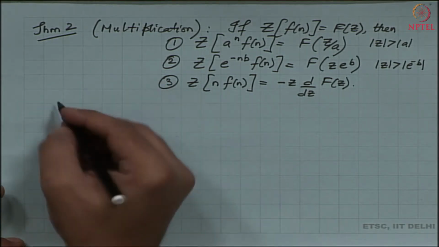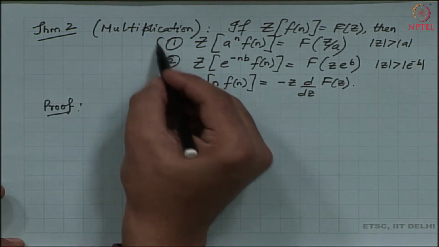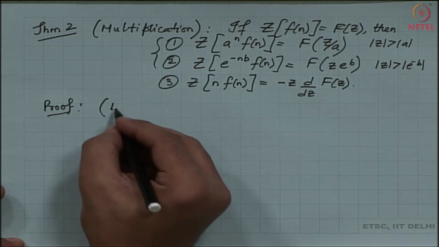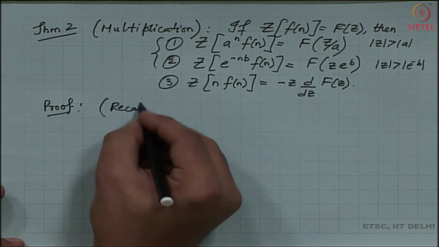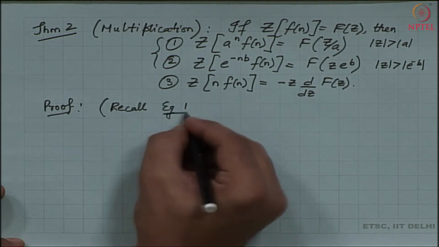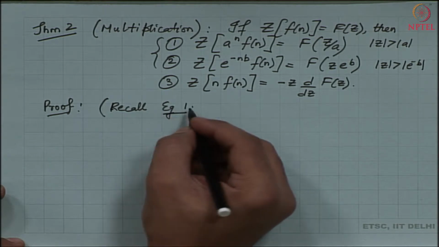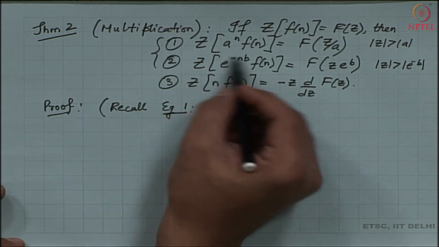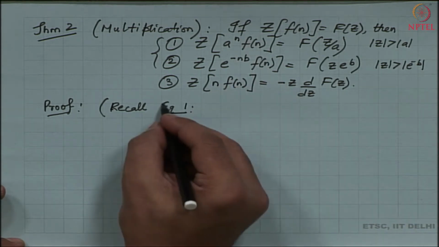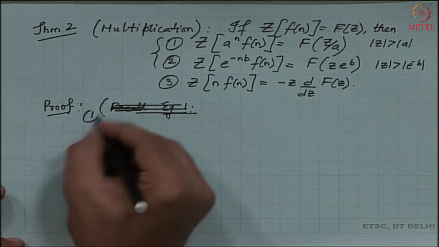Now, I am not going to prove all the results, because the first two results are very straightforward. If I were to just use the definition of the Z transform, let us look at case 1 quickly.